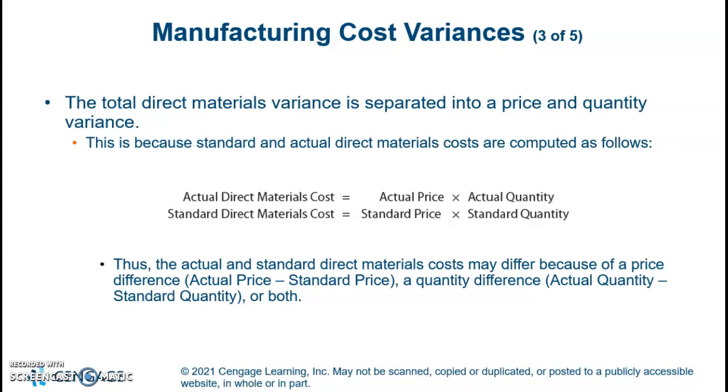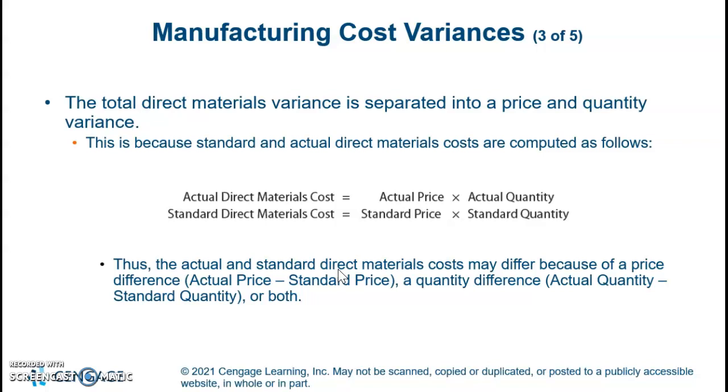So we're going to break it down into price and quantity variance, because each of these variances was made up of price and quantity. Sometimes the price we paid was higher than we expected, but sometimes we used more quantity than we expected. So the net of the two together gave us our total variance. Now we're going to separate it into price and quantity variance, so that way we can see what really happened.